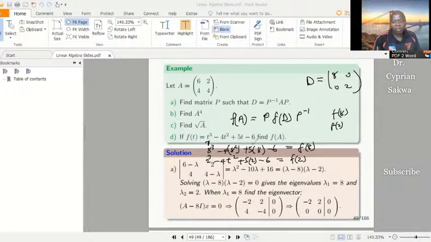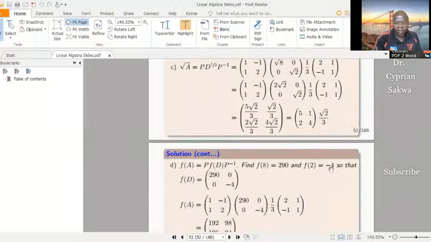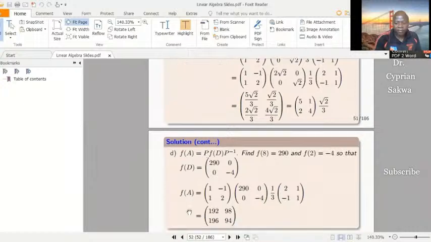Let me go straight to my result, but you can use your calculator to see what you get. I've done that using my calculator, and I found f of 8 to be 290 and f of 2 to be 84. That means in the diagonal matrix f of D, where there was 8 it's 290, and where there was 2 it's 84. Then the result becomes that.